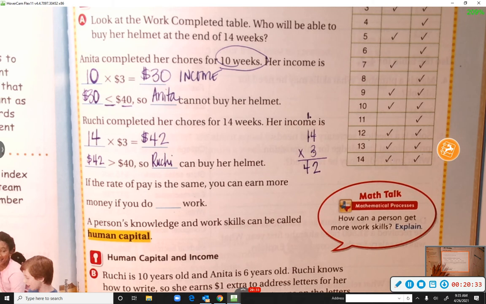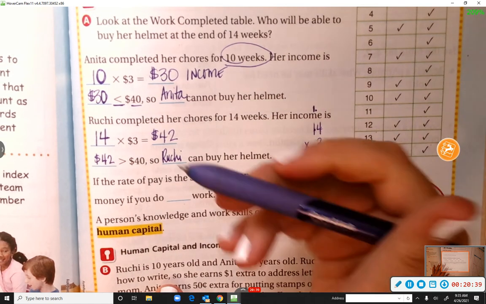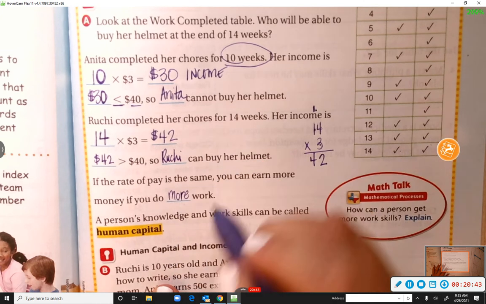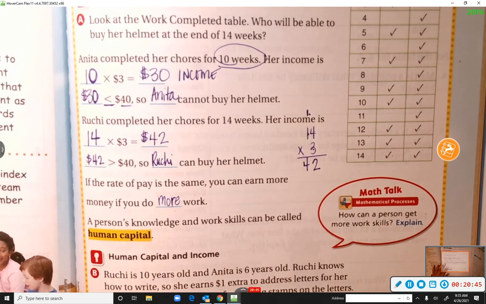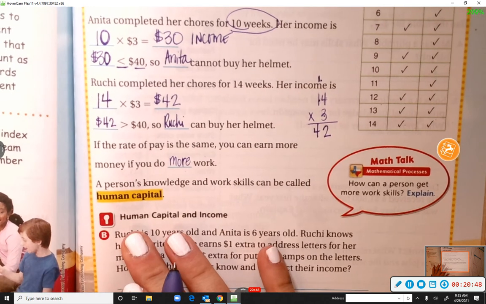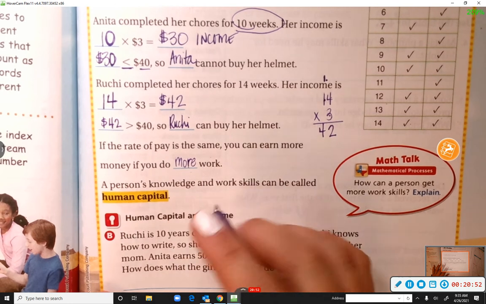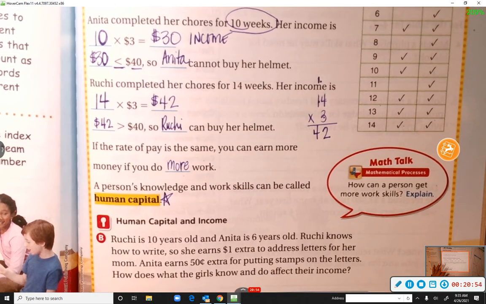If you do more work. Yes. Anita or Ruchi worked more, so she ended up having more money. The more you work, the more money you can earn. Okay? A person's knowledge and skills can be called human capital. Okay?